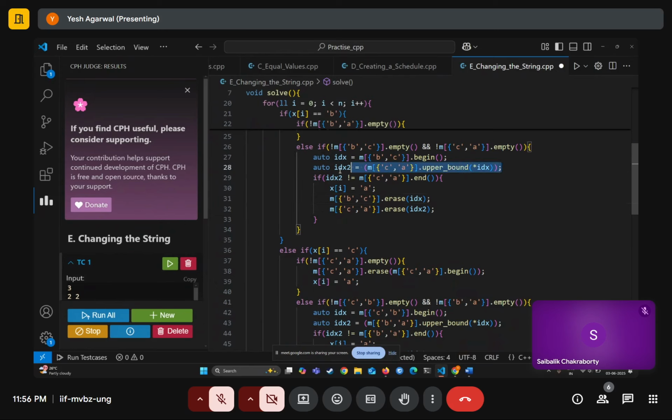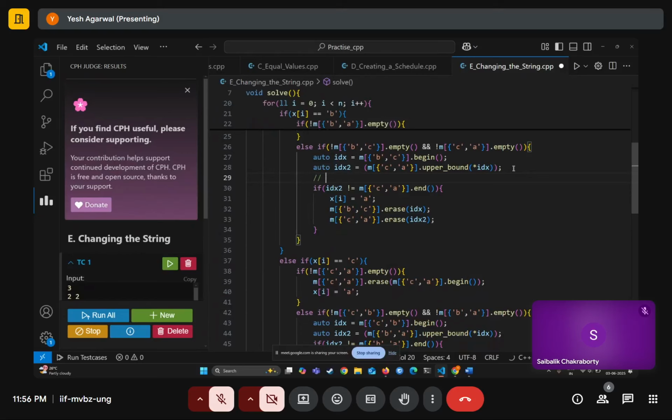And then we have used the upper bound. Actually, technically, you should use a lower bound here. Why a lower bound? Because what upper bound gives you is the first index where the value stored is just smaller than the value stored in the other. But why didn't it give any issue?